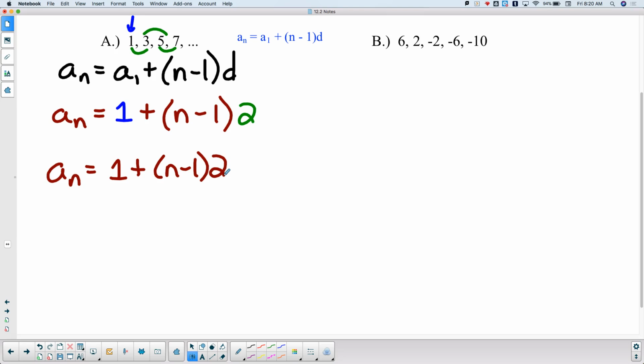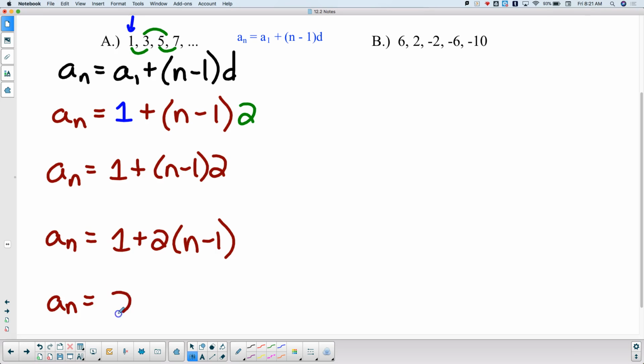Or you could make it look a little prettier, because we usually put that number out in front of the parentheses, right? Or if I distributed that 2n, I'd have 2n minus 2, right? So 1 plus 2n minus 2 is 2n minus 1.